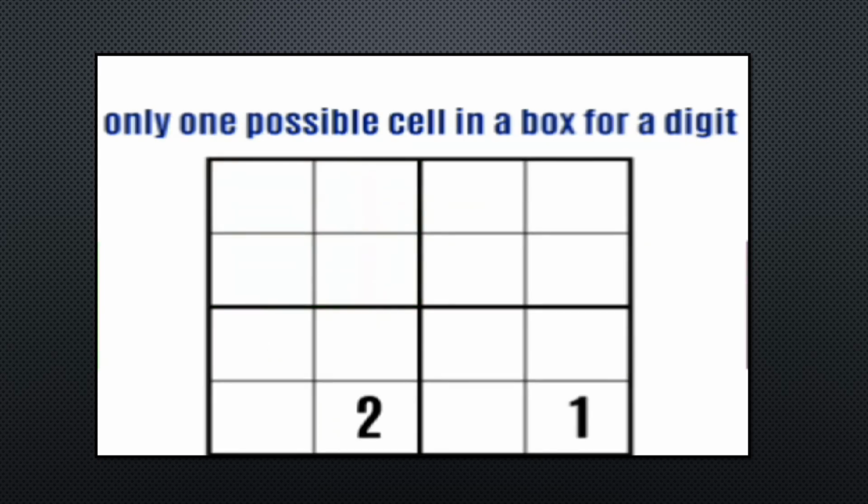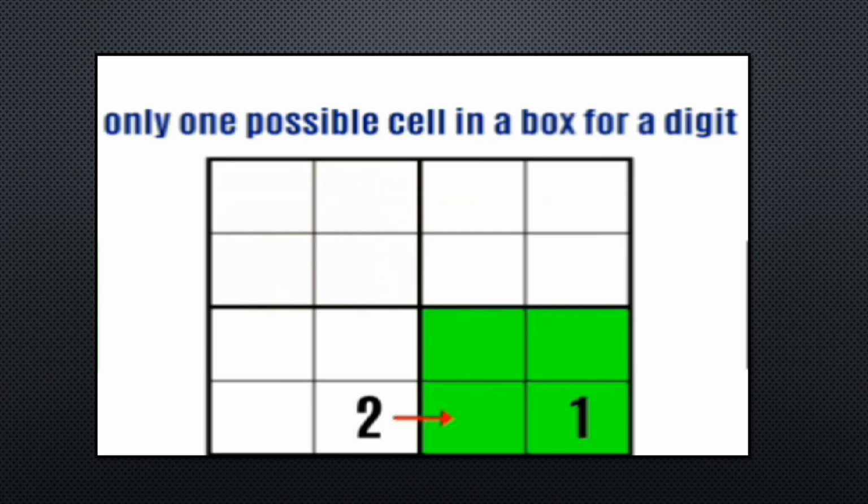Children, let us take the last example. Here you can see 2 and 1. The box where 1 is written, draw an imaginary line where we can't write 2. So, you can see the box where 1 is written.